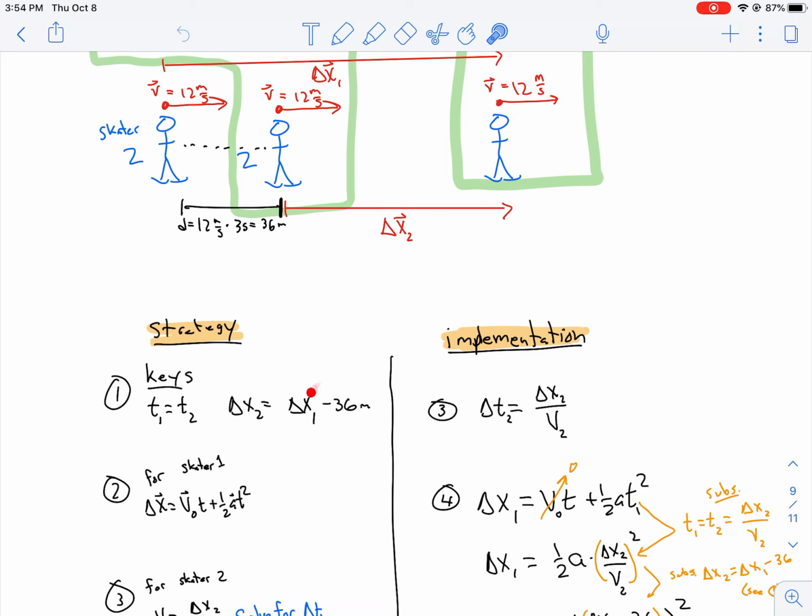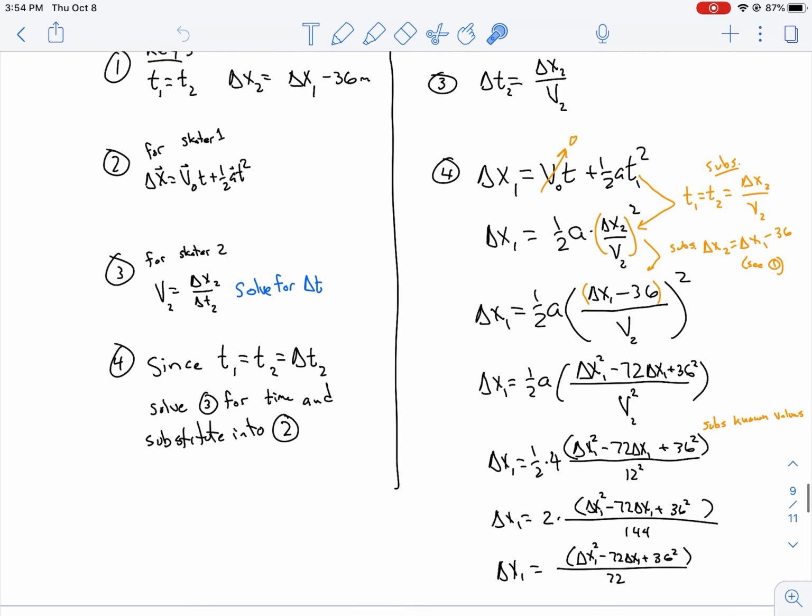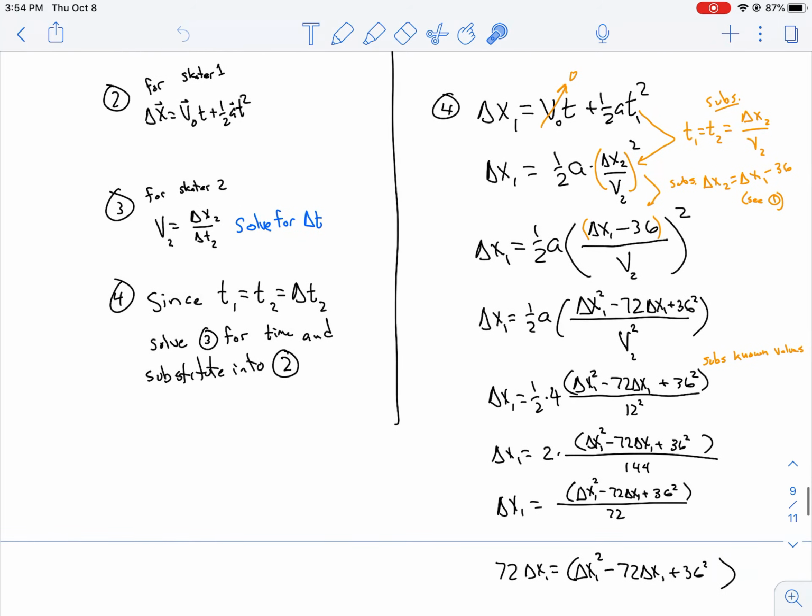That's why we have to subtract the 36 meters, which is how far he travels in that time interval. Aside from that, the approach is pretty much exactly the same. We're going to use the same 2 equations.